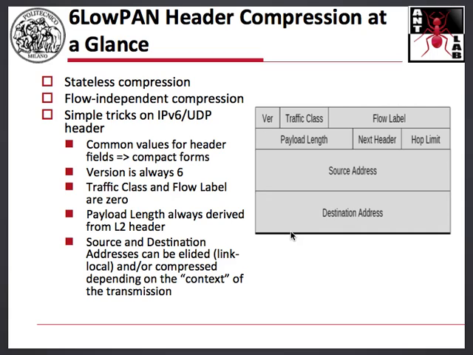So we don't really need to have the payload length here. Okay? Why is it here in classical IP? Why do we need to have a payload length indication at the IP layer, the general, classical IP layer?